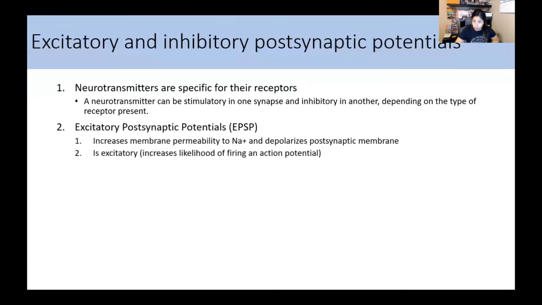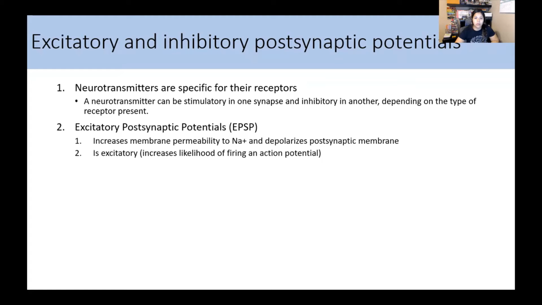So what you're familiar with is an excitatory postsynaptic potential. You're used to neurotransmitters that excite a cell and trigger an action potential, that promote an action potential to be sent. That's what happens with acetylcholine at the neuromuscular junction. It increases permeability to sodium so that it can depolarize the membrane so that we can reach threshold so that we can send an action potential.